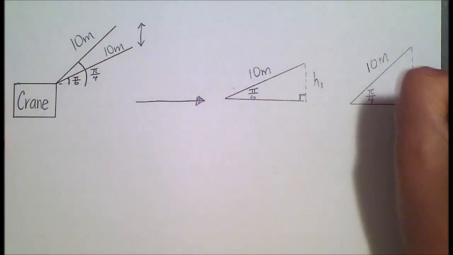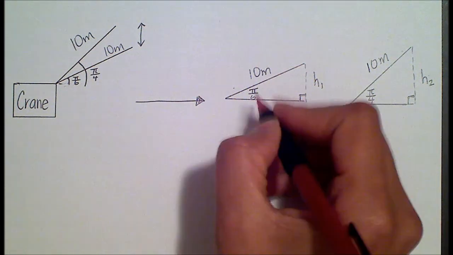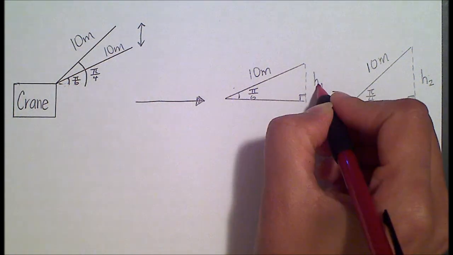Okay, the second height. Now, in order to solve this, this is exactly what you did in grade 10 when you were given an angle, one of the sides in the right angle triangle, and then you're solving for the other one. Okay, so here I'm given an angle, and I'm trying to solve for the opposite side, and I know the hypotenuse side.